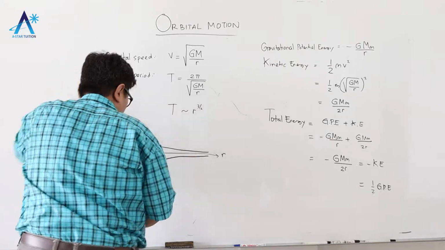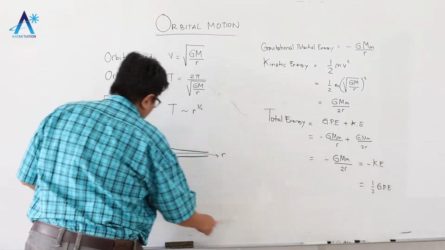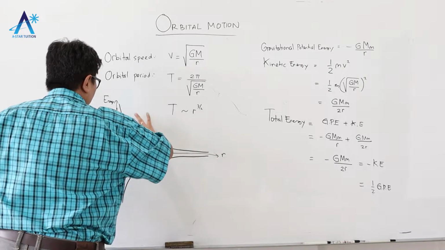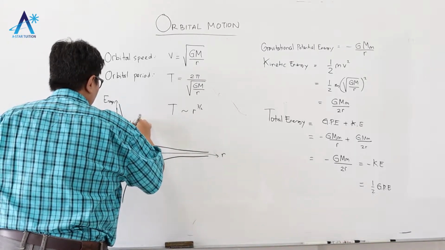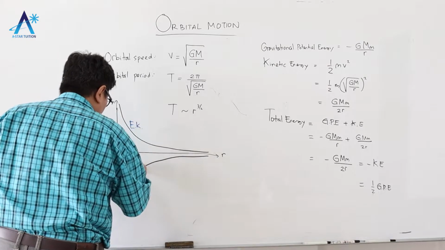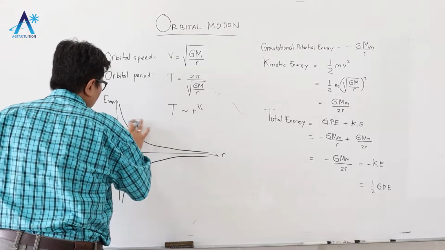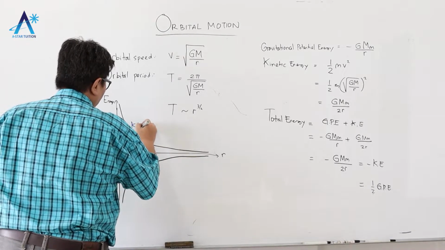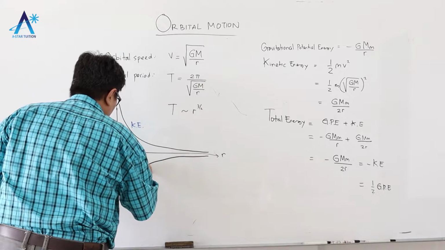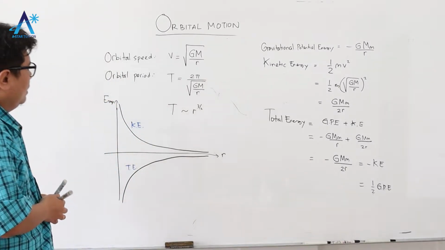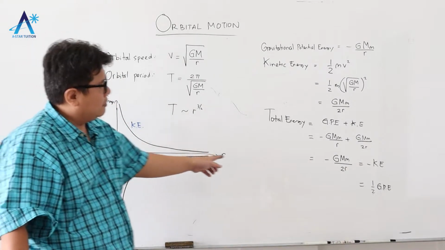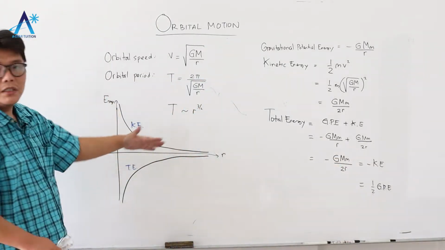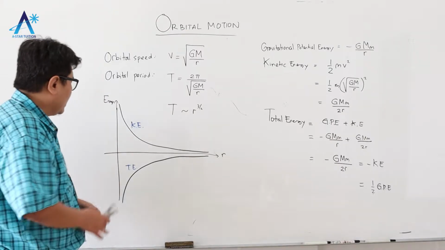Let me label this. This is for the kinetic energy, K. This is the total energy. And you can see right away that the total energy is the negative of the kinetic, so it's symmetrical with the horizontal axis.